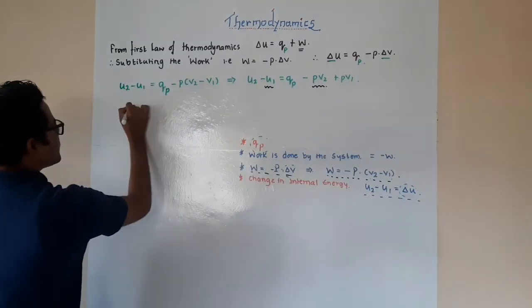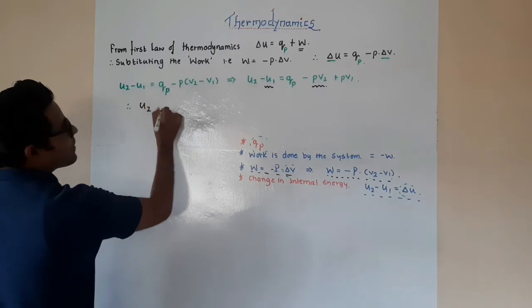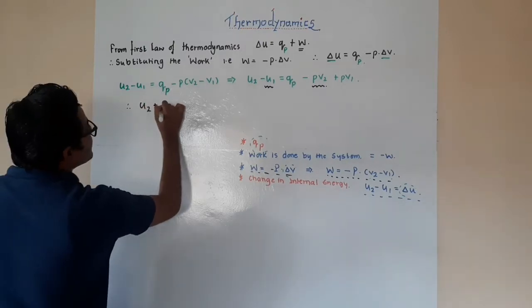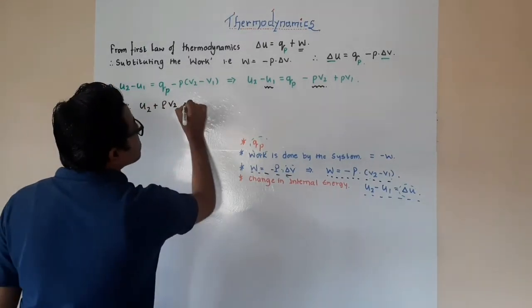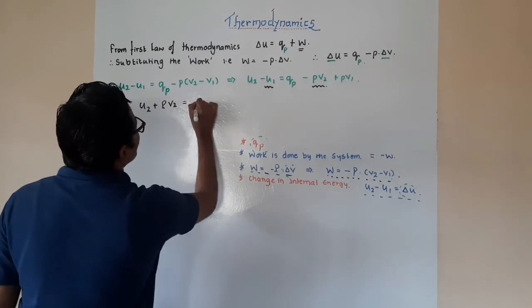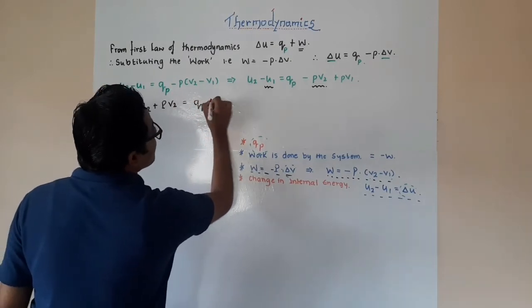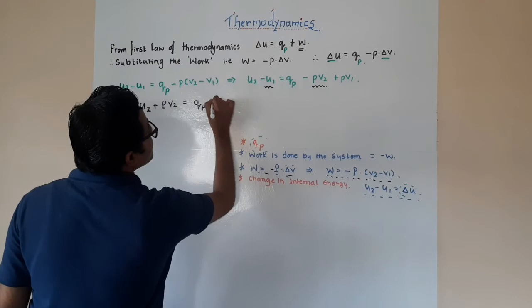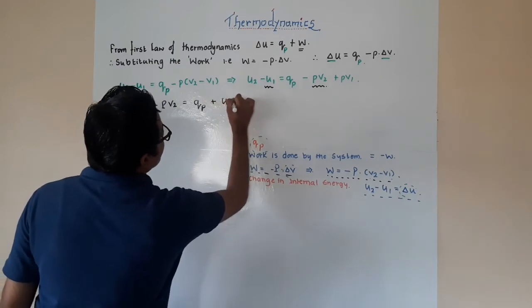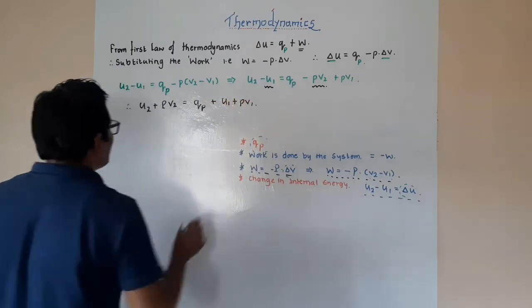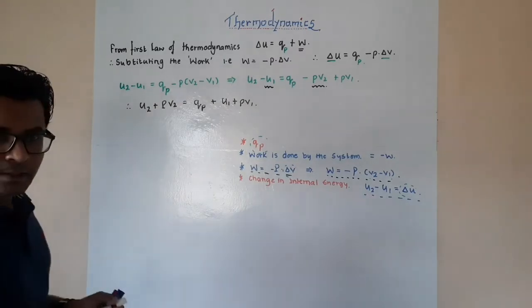So we have U2 plus PV2 is equal to Qp plus U1 plus PV1.